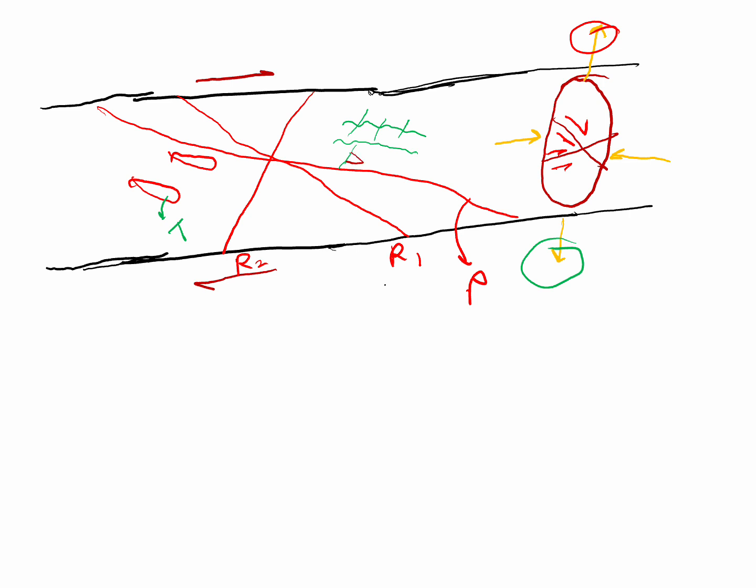So this is the thrust, which is parallel to the axial plane of the fold. Now the stylolites are basically developed parallel to the axial plane, generally in limestone.